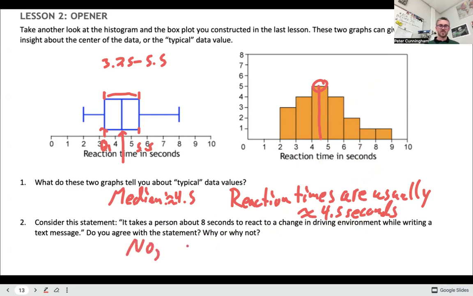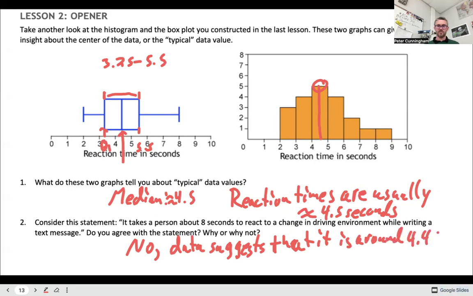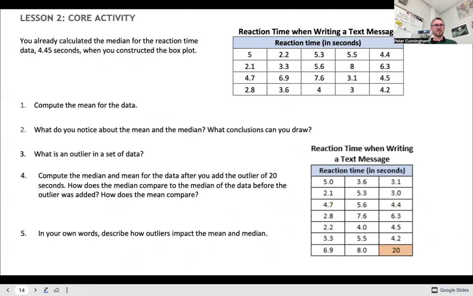No, because the data suggests that it is around 4.4 or 4.5 seconds. The data suggests this because the median is there. The median being the physical middle of the data. Let's move on.